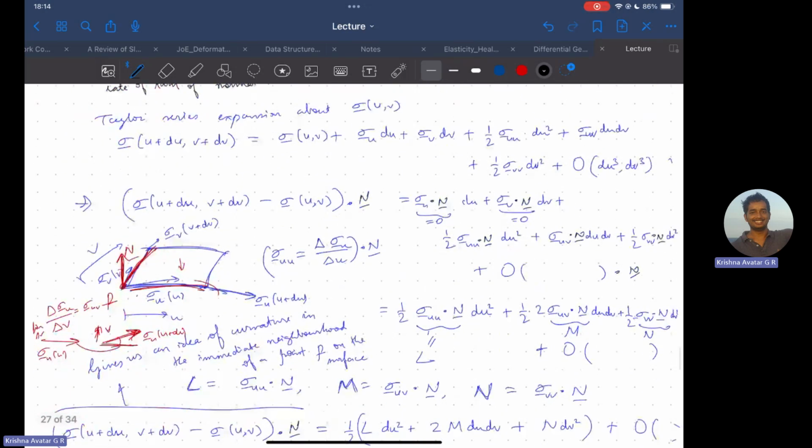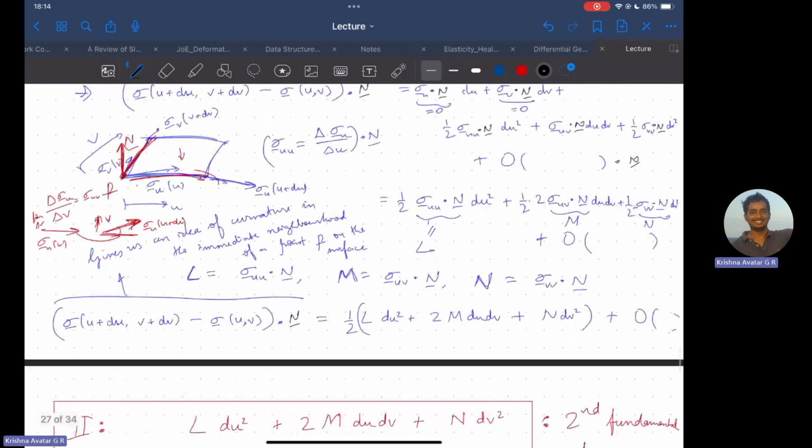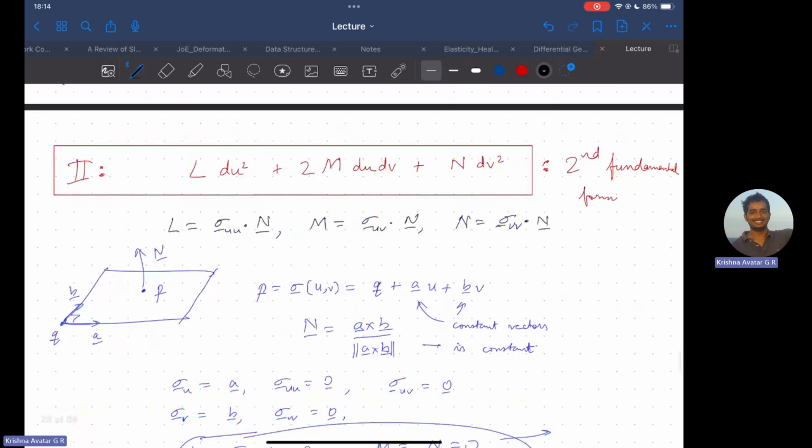And then we could construct what we call the second fundamental form, right? So L, M, and N are what are known as the coefficients of the second fundamental form. Using this, we get some idea about the curvatures.